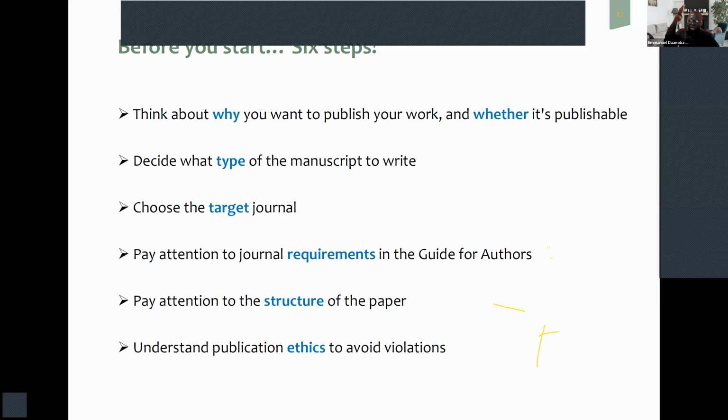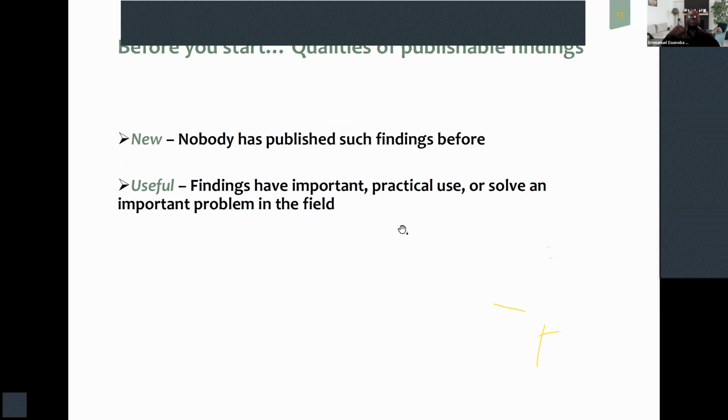If you don't get that, but you do it and publish the work, it has violated the ethics of publication. So every university or institute has publication ethics that you have to follow. You have to go to the university research department, collect the publication ethics form, fill it, and let them know that your work will not be violating any ethics. All right.